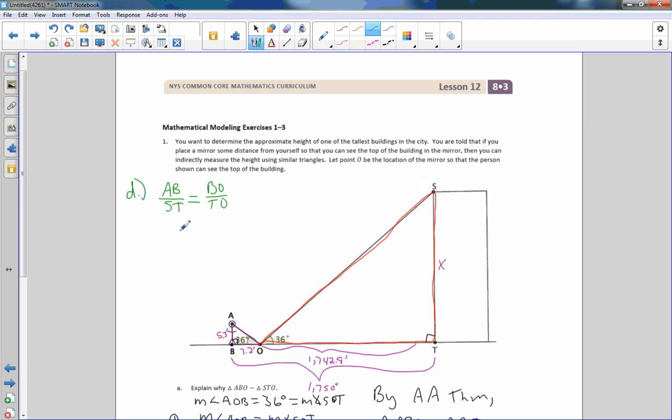So then I substitute in my givens. AB is 5.3. ST is x equals BO 7.2 and TO 1742.8. There is my proportion. I am going to cross multiply.